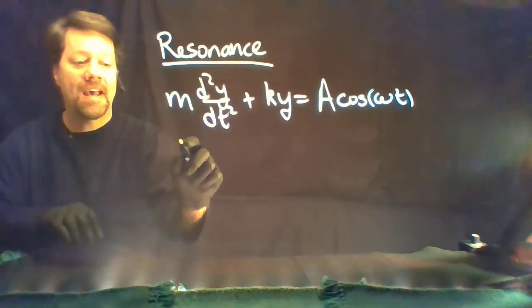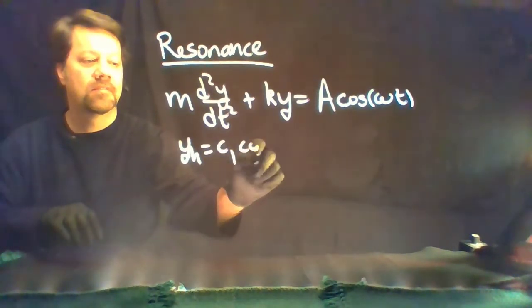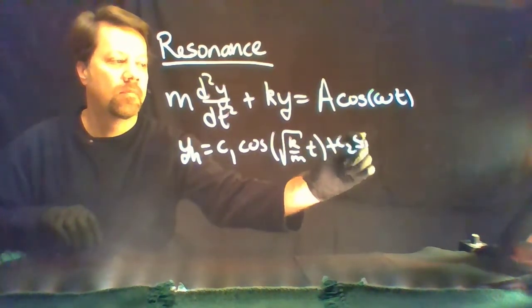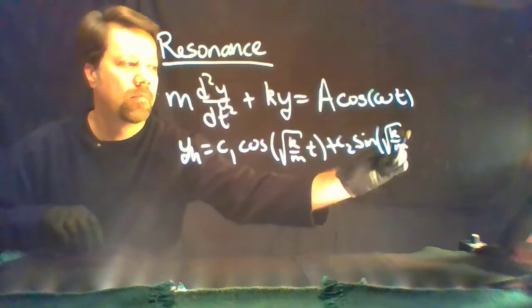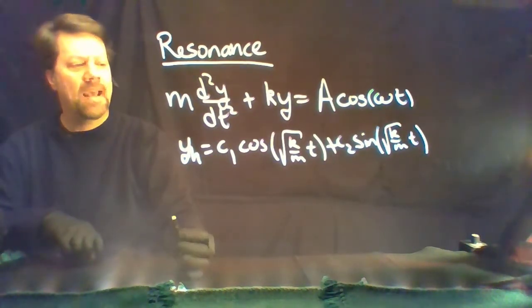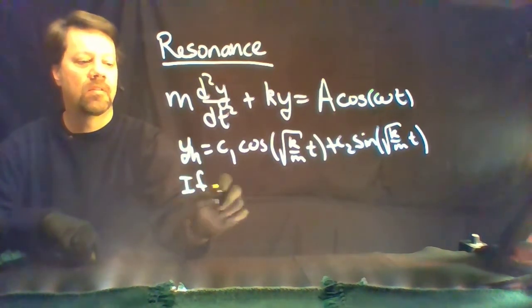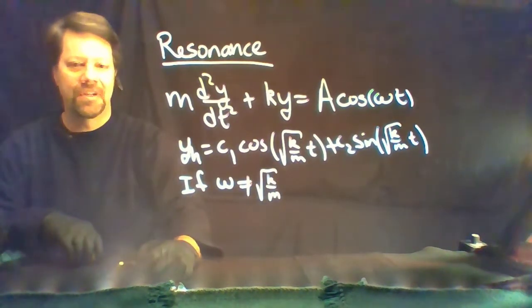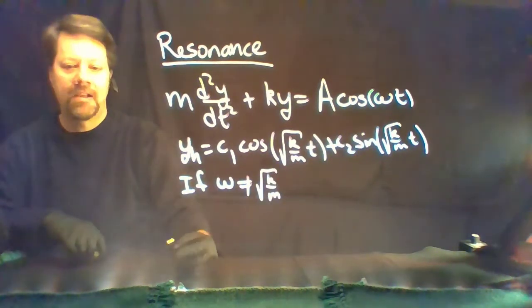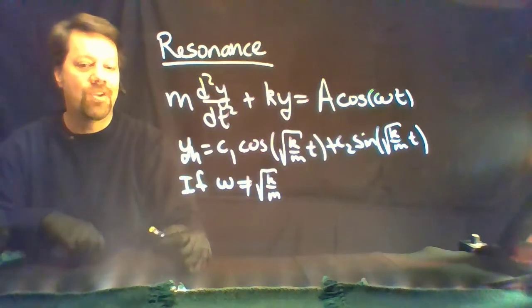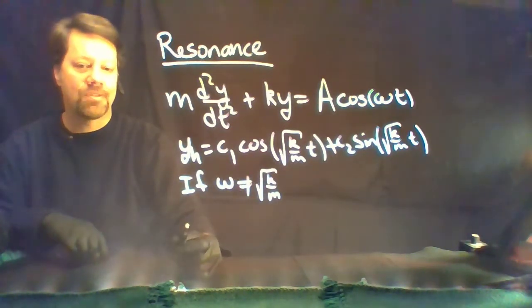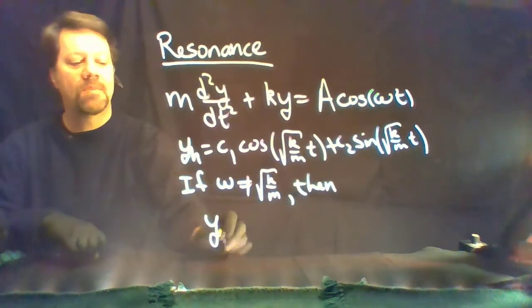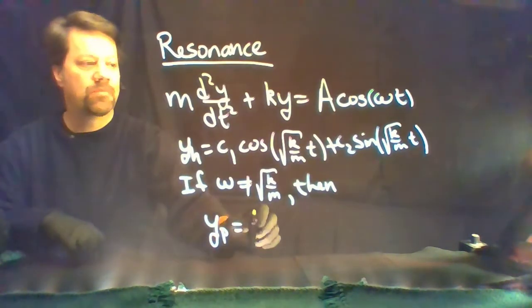Okay, so we have the homogeneous solution, and as long as omega is not root k over m, as long as the frequency of the external forcing function does not match the frequency of natural oscillations within this oscillator, then we might suspect a particular solution has the following form.